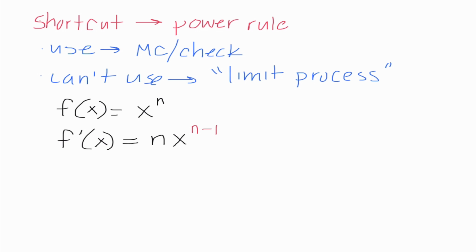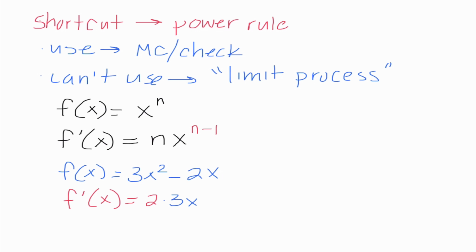So if we have something like f of x equals 3x squared minus 2x. Okay, if I was using the power rule, so f prime of x, I'm going to go ahead and move this 2 out in front. So I have 2 times 3x, and my exponent then would become 2 minus 1. In my second term, that is like to the first power.